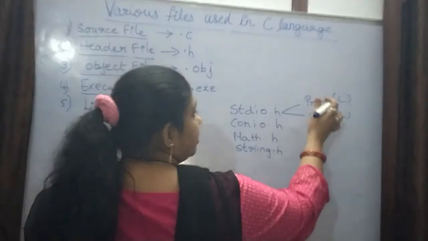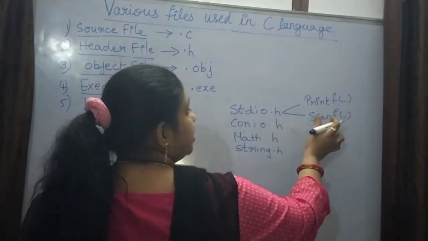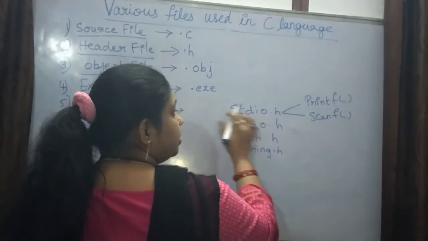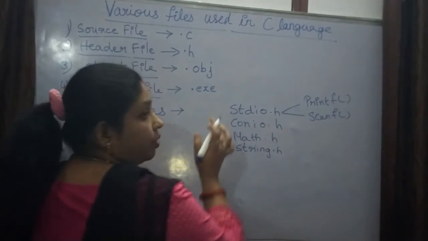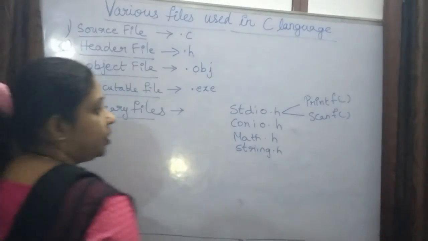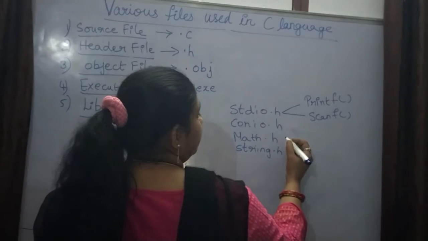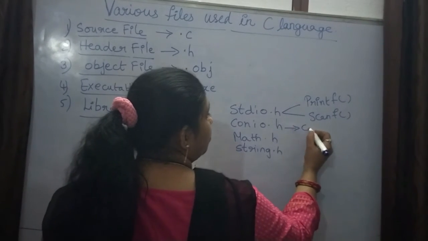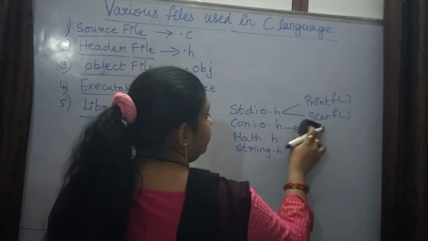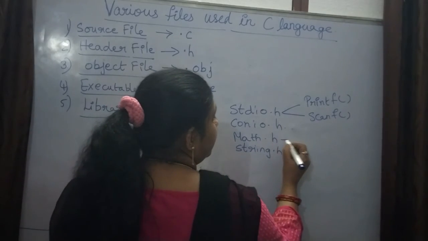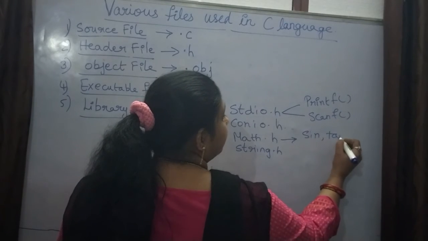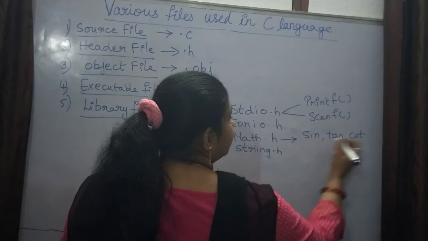These two are the functions present in stdio.h, so this becomes one library. That's why you call it a library file. And here, con means console. Next, math.h: here you can find sine, tan, cot, cos.